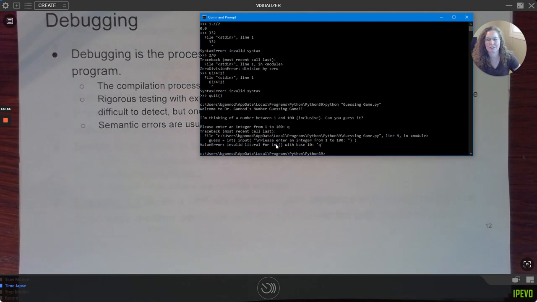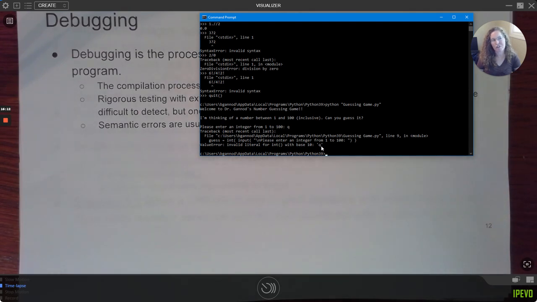Basically, it was expecting an integer. I told it to put in an integer, and I put in the letter Q, which is not an integer, so it doesn't know what to do and just crashes. These are the kinds of things that you would have to think about.